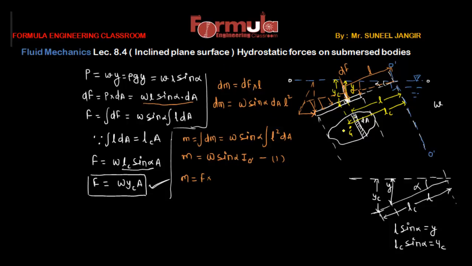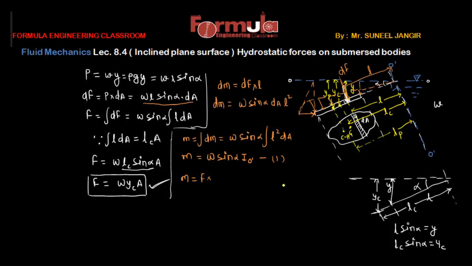So let's suppose we are considering here is the center of pressure, and let the distance of the center of pressure from this axis O' be LP. And from the actual free surface, this distance is YP.